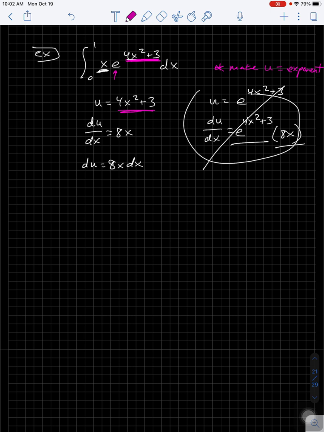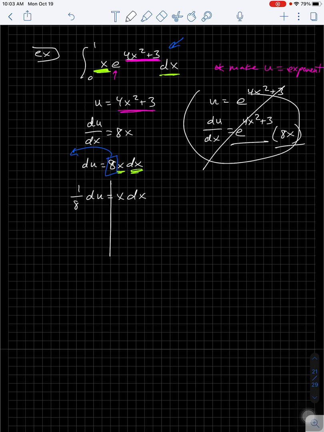So I've taken care of that. My du so far is taking care of my x term and my dx term, but I've got too much. I've got an 8 here and I don't have an 8 up here. So I need to get the 8 onto the other side. So that's that trick again. So this is going to be 1/8 du equals x dx.